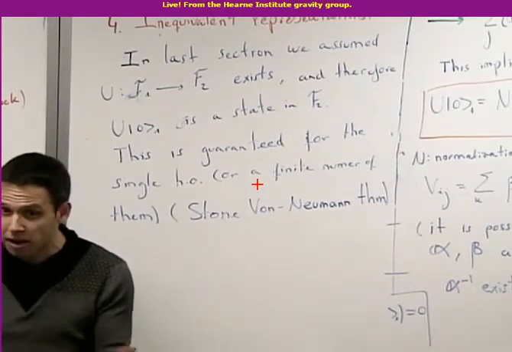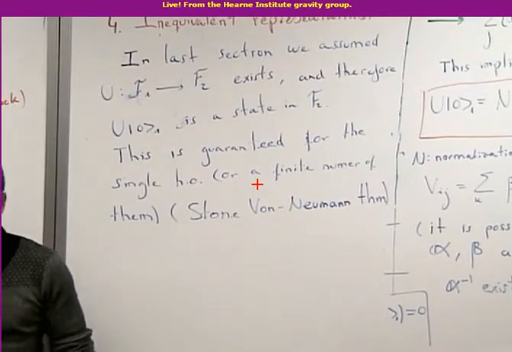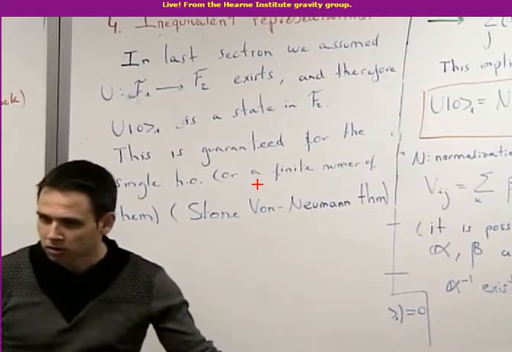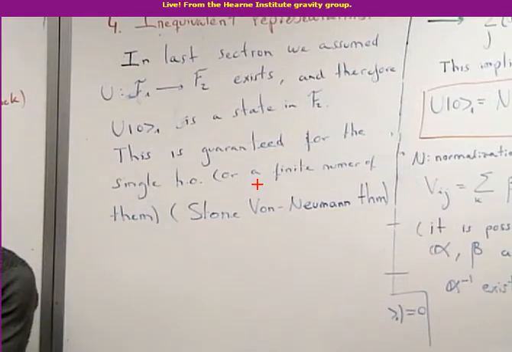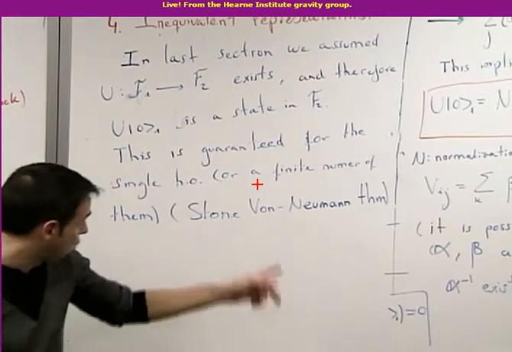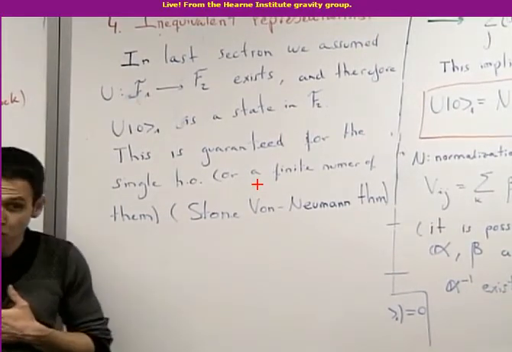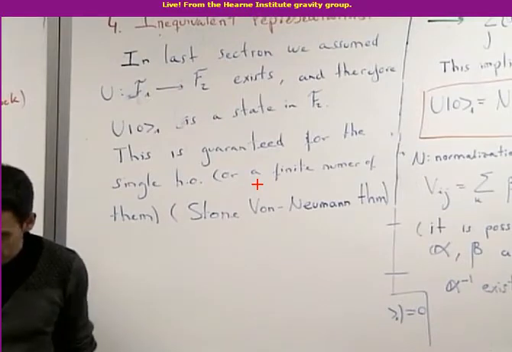They are unitarily related. So, for instance, in quantum mechanics, if you work in the position representation or in the momentum representation, they are different representations. Do they describe the same physics? Yes, because of this theorem. This theorem guarantees that no matter what representation you use, they describe the same physics.